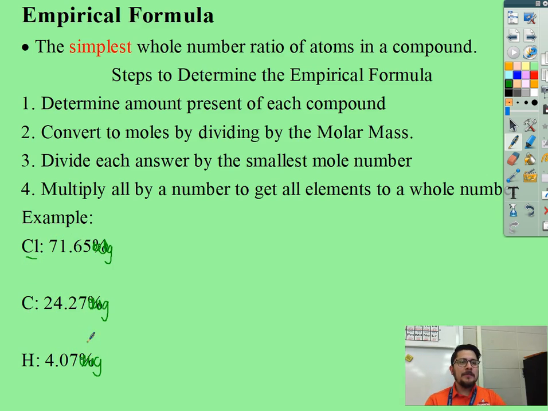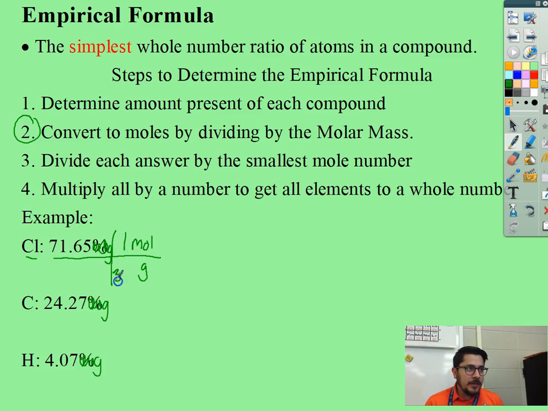From there, I'm able to do some calculations now. Step 2, I'm going to convert all of them to moles by dividing by the molar mass. So chlorine is just Cl, so I'm going to divide it by the molar mass, because I want to change it to moles. Okay, I'm converting it to moles. 1 mole is equal to the molar mass.